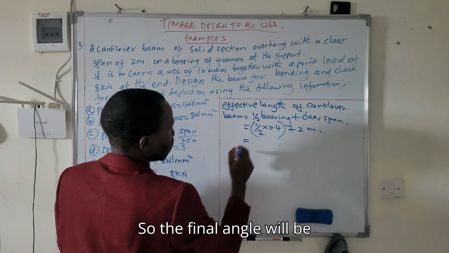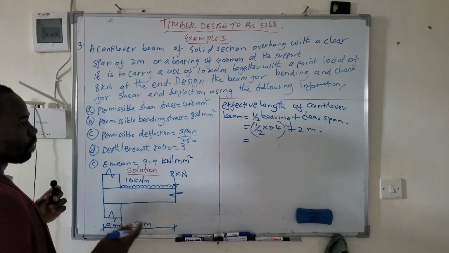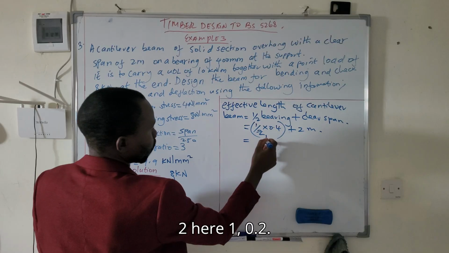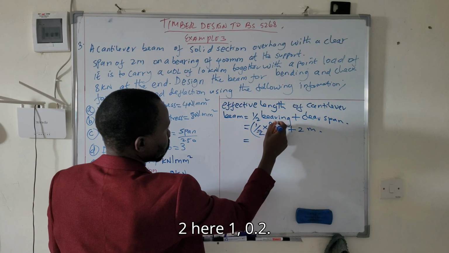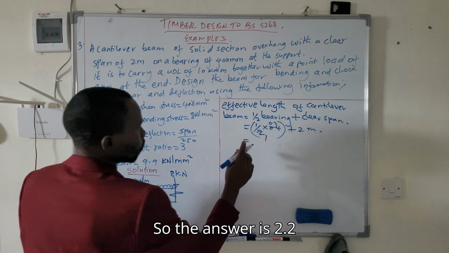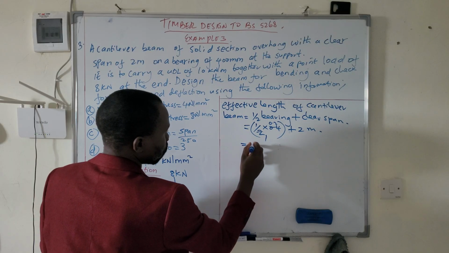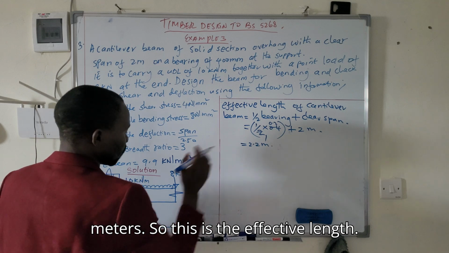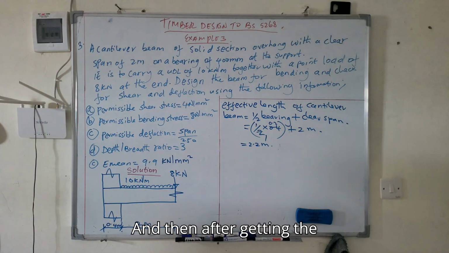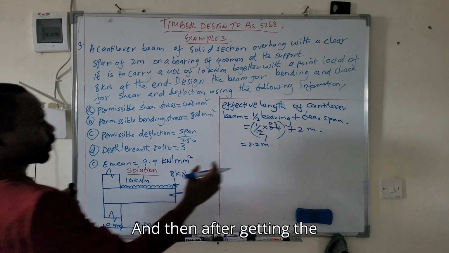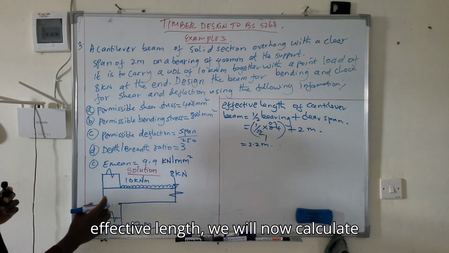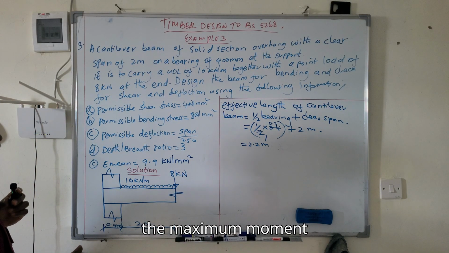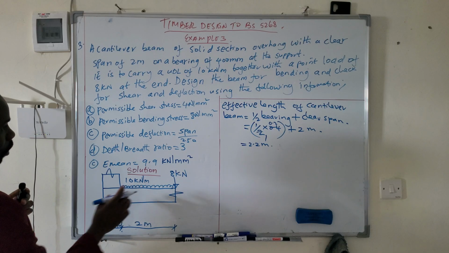So the final answer will be 2.2 meters. So this is the effective length. And then after getting the effective length, we will now calculate the maximum moment on the beam.